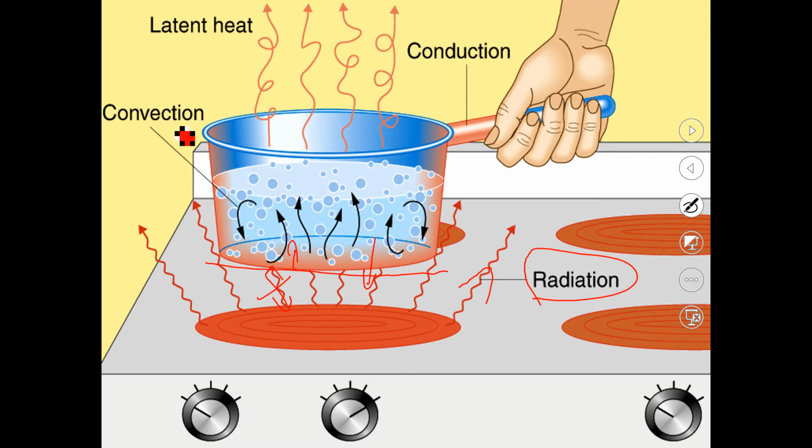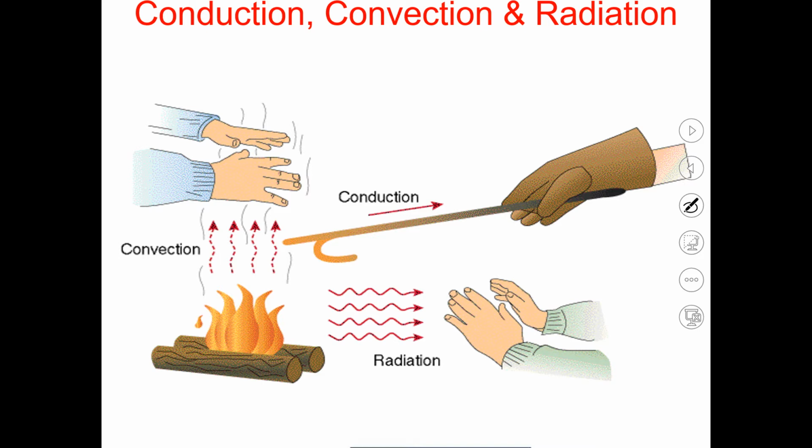It's called convection. And conduction is when you touch a part of the container and they are connected to each other. Conduction, convection, radiation: look at this, they are daily life examples.